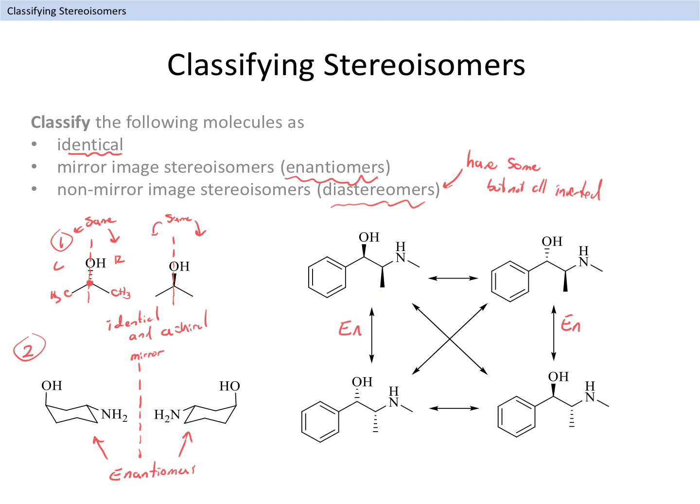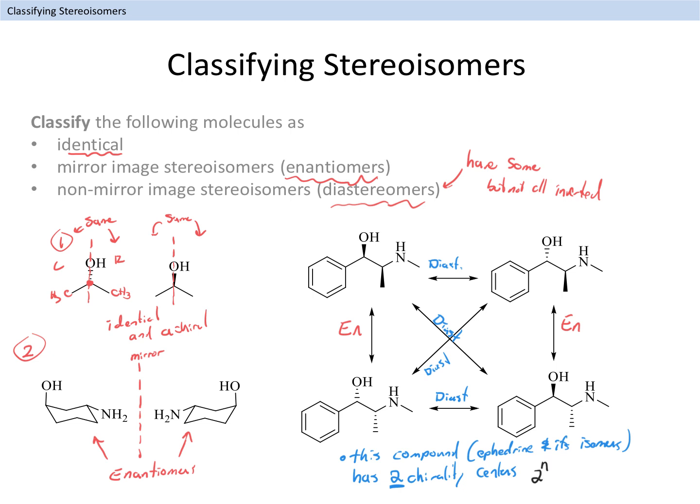Because both stereocenters are not inverted, the two molecules are not mirror images. Additionally, notice that there are 4 total stereoisomers. This occurs because there are 2 chiral centers, and we learned earlier that the total number of stereoisomers can be calculated using the formula 2^n, where n equals the number of chiral centers.